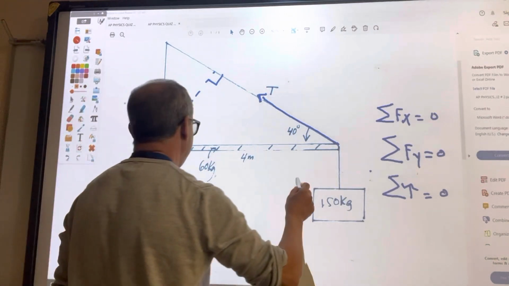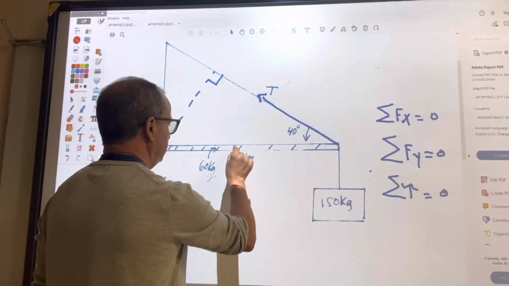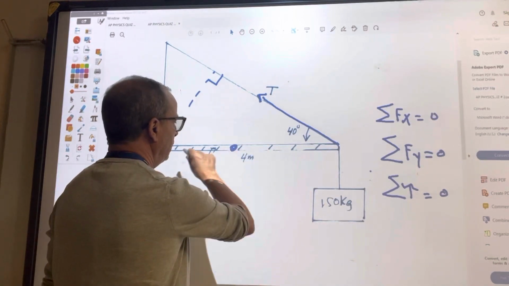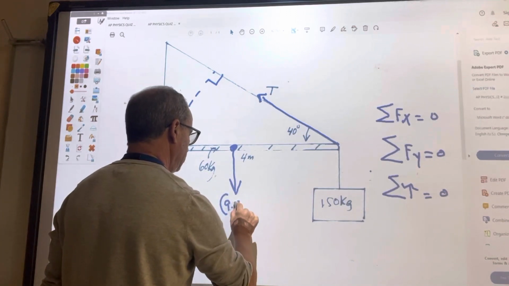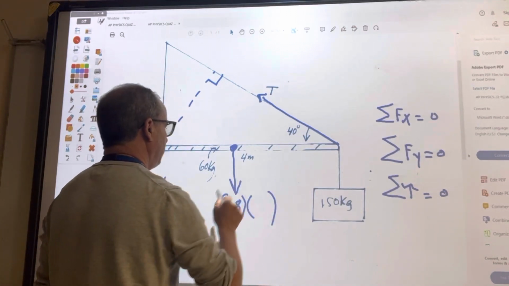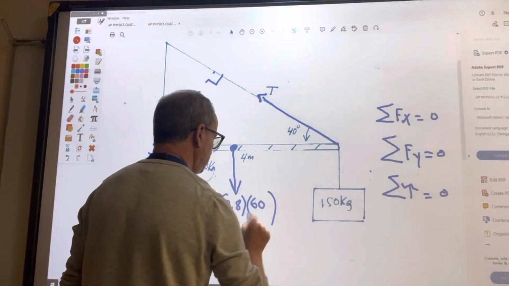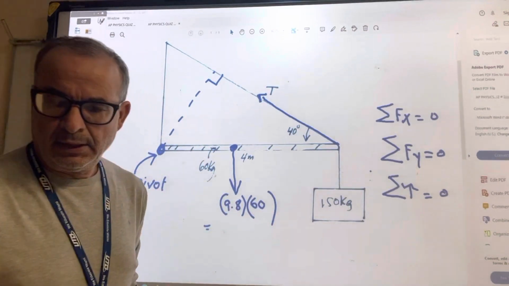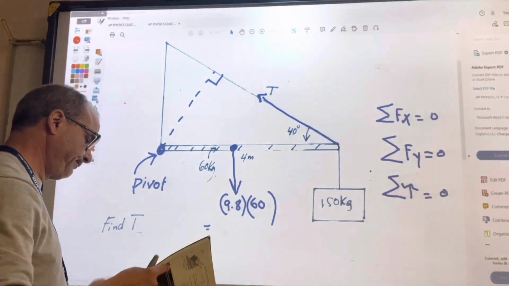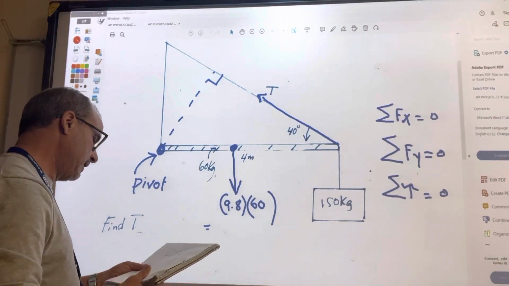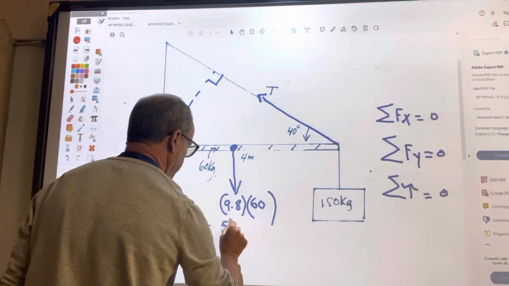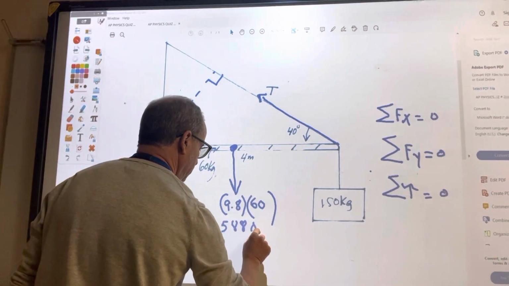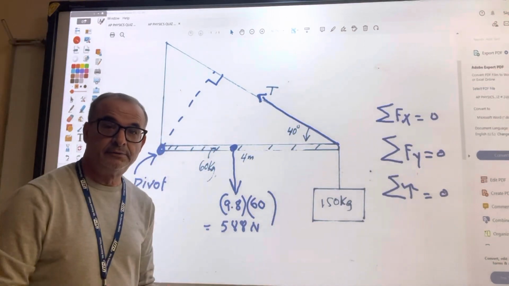So first, the weight of the beam is 9.8 times the mass, which is 60 kilograms. That gives you 588 newtons. All right, good.